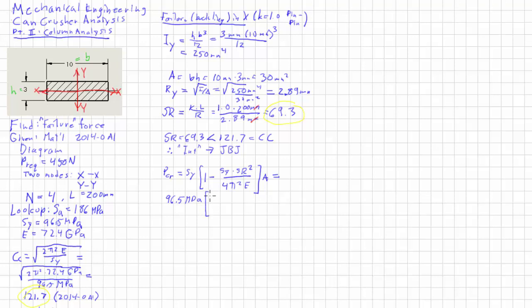What's inside here is 1 minus, again, 96.5 megapascals times SR, which we calculated as 69.3, squared, and that's all over 4 times pi squared times 72.4 gigapascals, and then multiply all that times the area, which is 30 square millimeters.